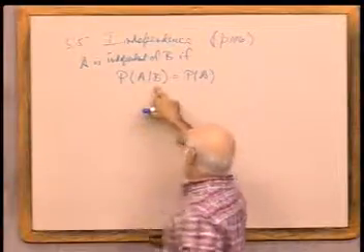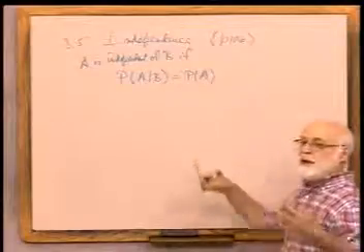If knowledge of B doesn't affect the probability of A, then A is independent of B.